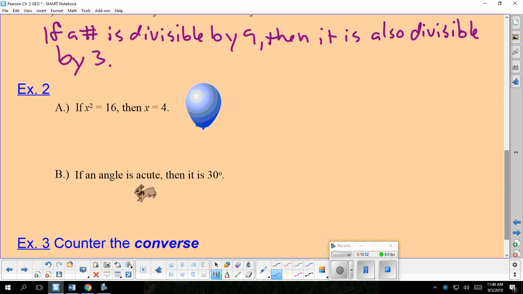Try example 2. See if you can come up with a counterexample for each of the following statements. Remember, a counterexample, we learned in the last lesson, is a single example that shows that a statement's not true all the time.